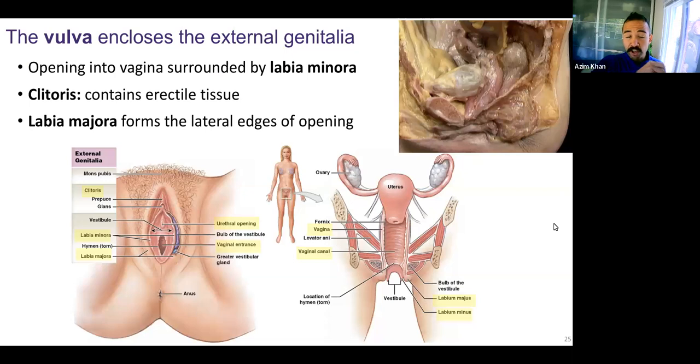We started with internal genitalia, now we've made our way to the outside. Let's look at the top right first. This is a mid-sagittal cut of a cadaver. Here's the anus. Here's the rectum. So that's digestive.